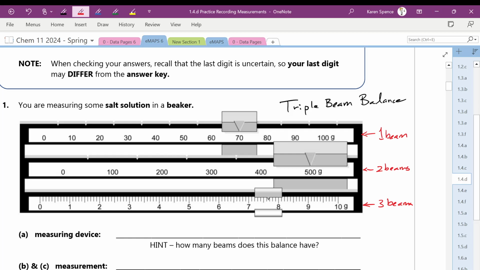So this measuring device is called a triple beam balance.